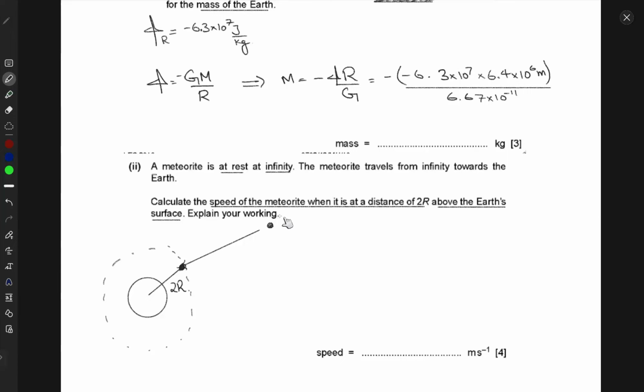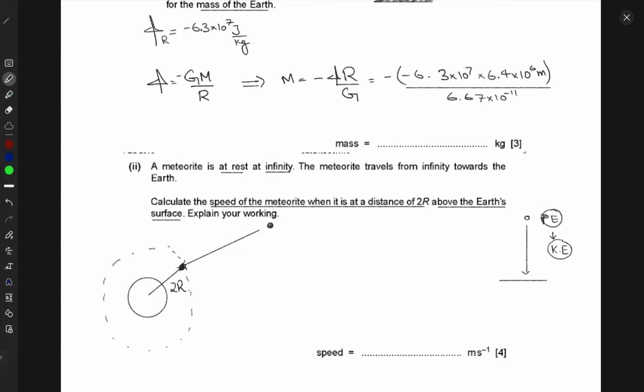If something is really far like this and then comes closer to the Earth, you can think of potential energy. Something very far from the surface will have some potential energy, and as it starts coming closer, that potential energy will convert into kinetic energy, because it's moving now. The only energy that can be converted into kinetic is the potential energy it started with.